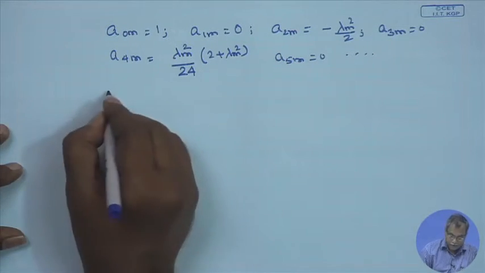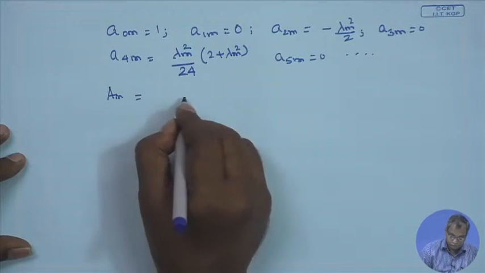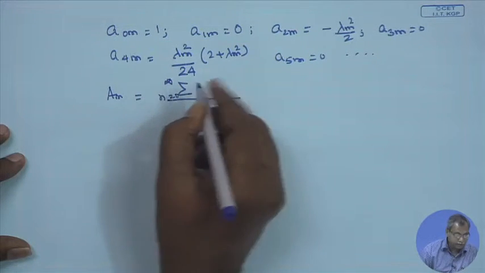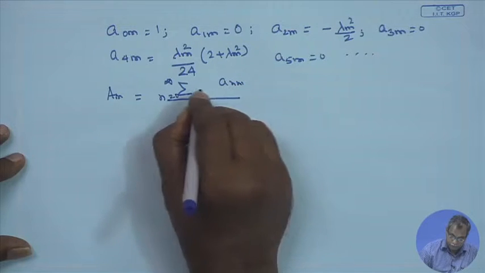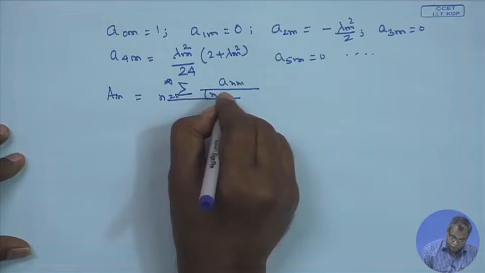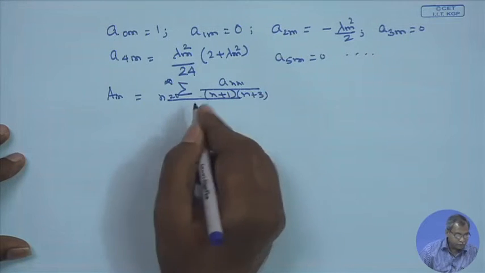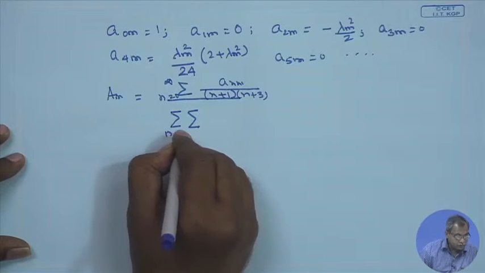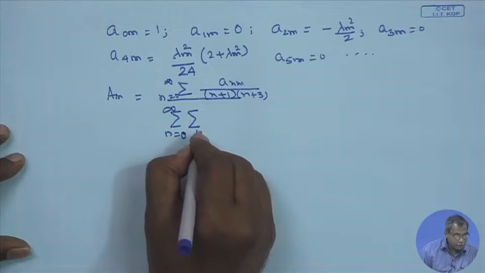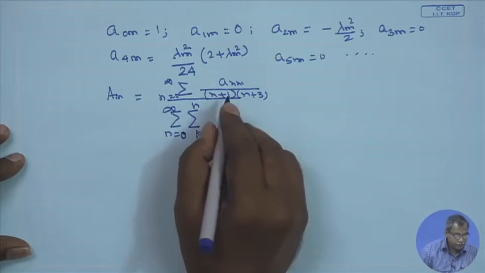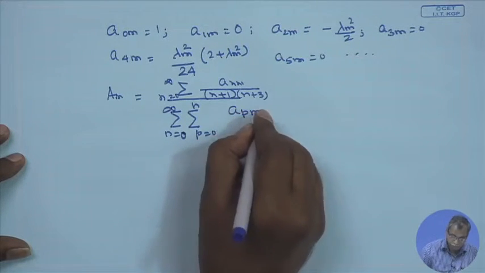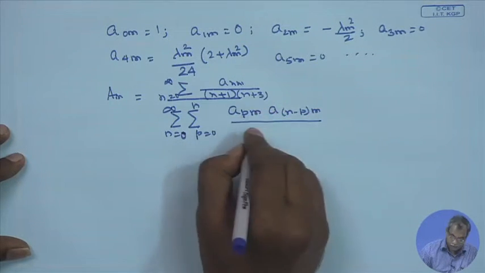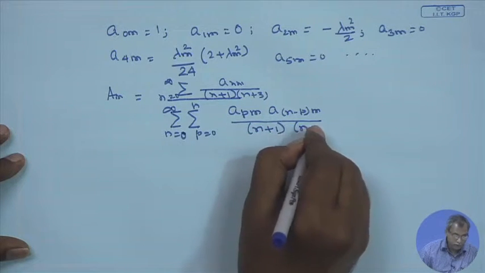Likewise, it will go, and capital Am will be given as the summation of n equal to 0 to infinity of A n m divided by n plus 1 into n plus 3, and there will be a double summation in the denominator, n equal to 0 to infinity, p equal to 0 to n, of a p m a n minus p m divided by n plus 1 into n plus 3.